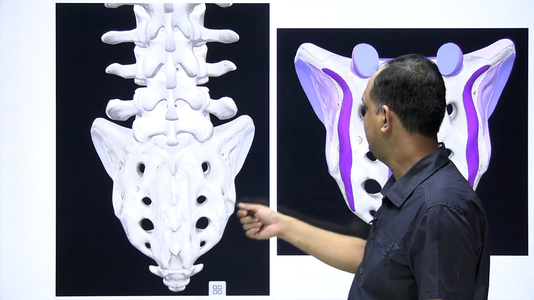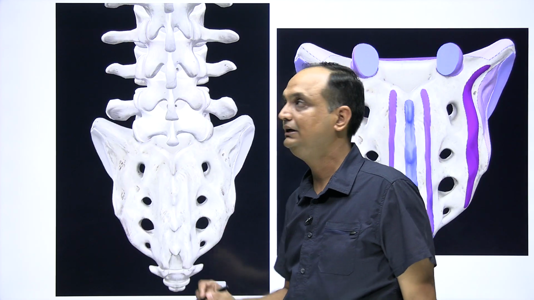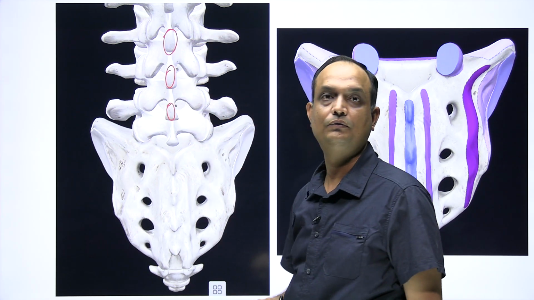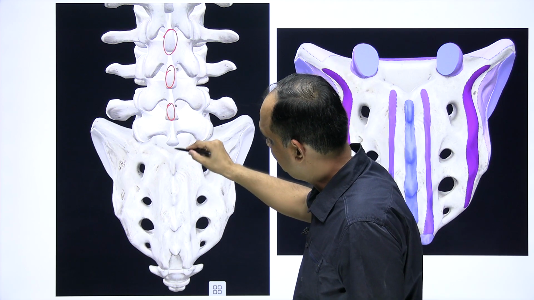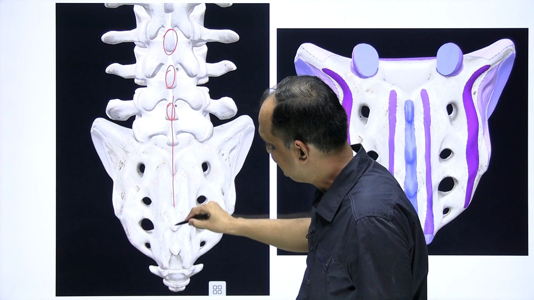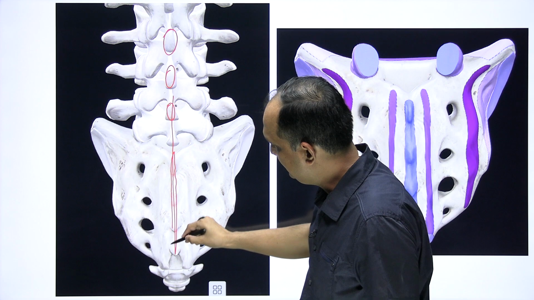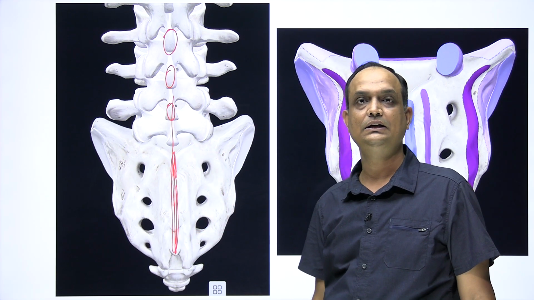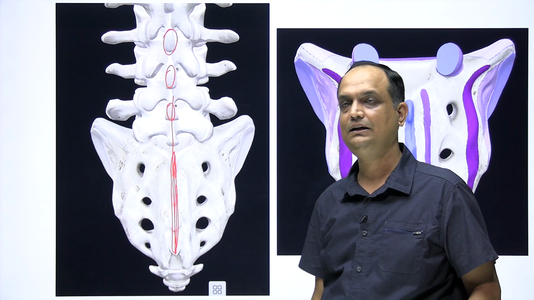So, in these two images, you can correlate that these are the individual spines of your vertebrae, but here in the same line, if you see the sacrum, the upper 4, S1, 2, 3, 4, fuse with each other and are known as the median sacral crest.